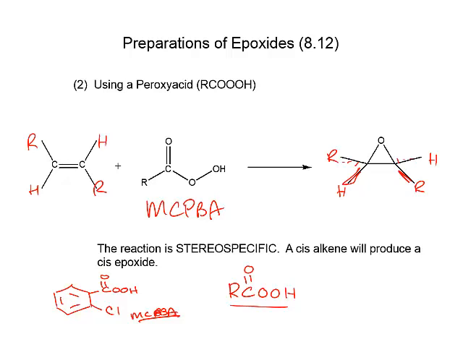So whatever the stereochemistry of the alkene is, that stereochemistry gets preserved in the product. So if we've got a cis or a trans, in this case alkene, the epoxide becomes trans. And that's important in terms of the mechanism, because it means that the oxygen doesn't add to one carbon and then have the other one rotate around and then form the second bond. They both form at the same time. So it's like a bromonium ion.